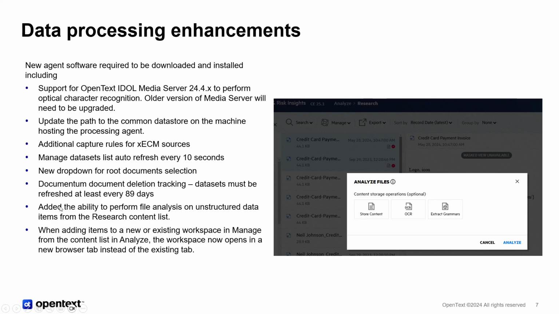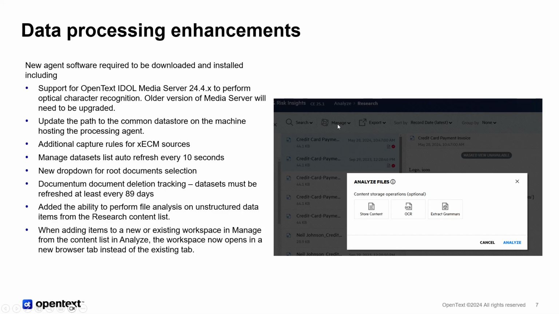This is a nice feature, the ability to perform file analysis on unstructured data items from the research content list. Previously, if you had a number of documents that you wanted to extract the grammar values from, so that you can see the competence scores and use them for querying, you had to create a workspace, add the documents to the workspace, then hit extract grammar values.